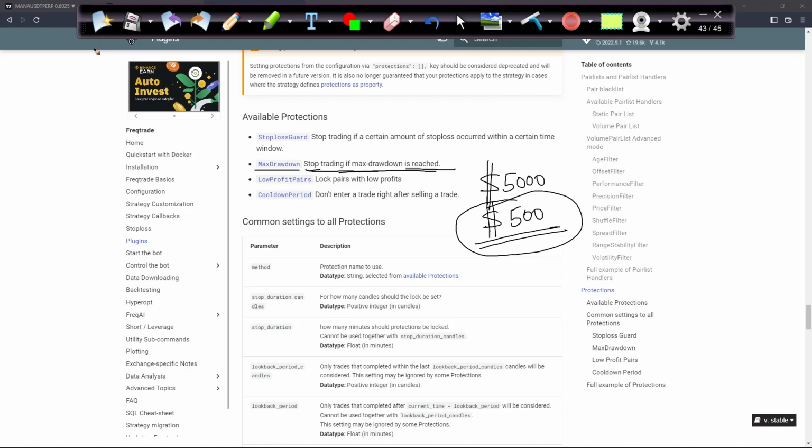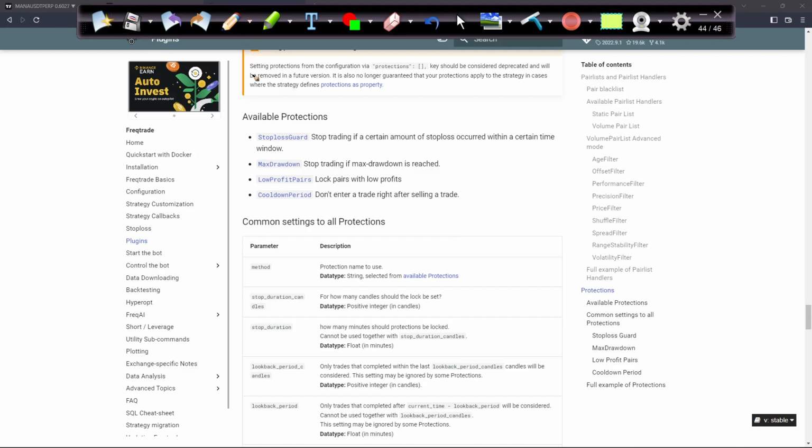So it is basically a protection for our equity. Now we have Low Profit Pairs, which basically locks pairs with low profits, which is also very important. And then we have Cooldown Period, where we don't enter a trade right after selling a trade. So this is also a good protection to have.